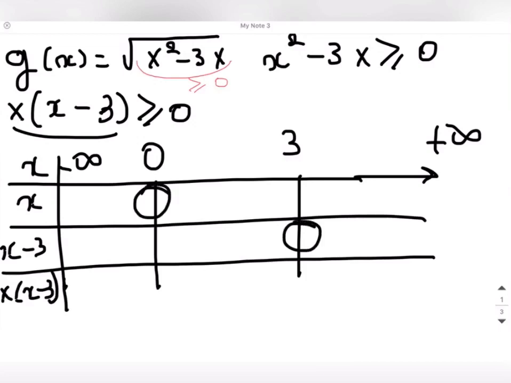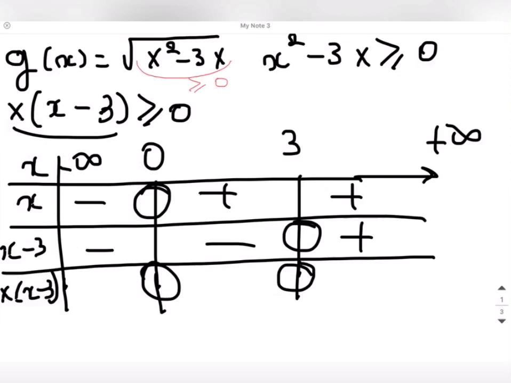A regular sign table. For g of x, the expression x squared minus 3x is allowed to be 0. So, when we write the interval, we will do it as a closed interval at 0 and 3. Minus and minus give plus, here minus and here plus.